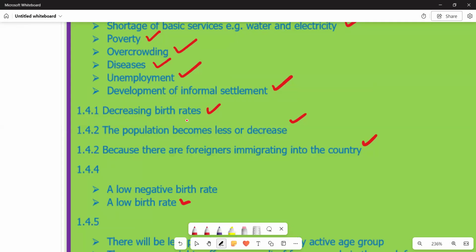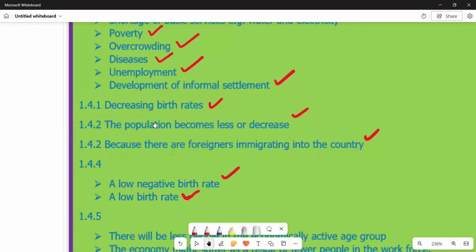So any two of these can also be correct. So we explained about a low birth rate. This one is supposed to be death. There is a mistake. So we are saying a low death rate. So we are talking about a low death rate. So that's what we have on 1.4.4.